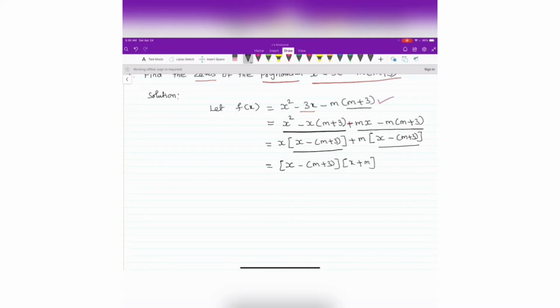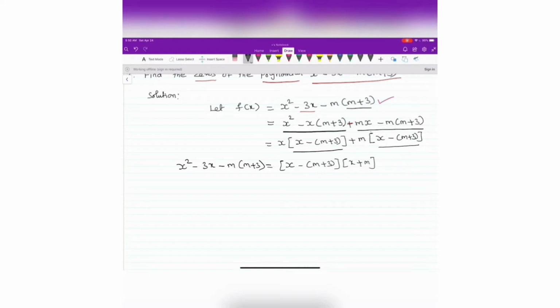So I got f of x is equal to x square minus 3x minus m into m plus 3 is equal to x minus of m plus 3 into x plus m. You know that the zeros of the polynomial f of x are given by f of x equal to 0.